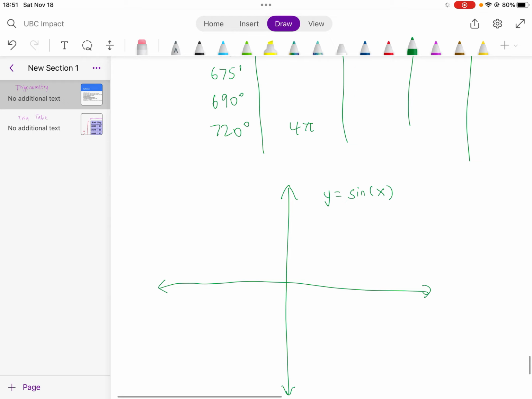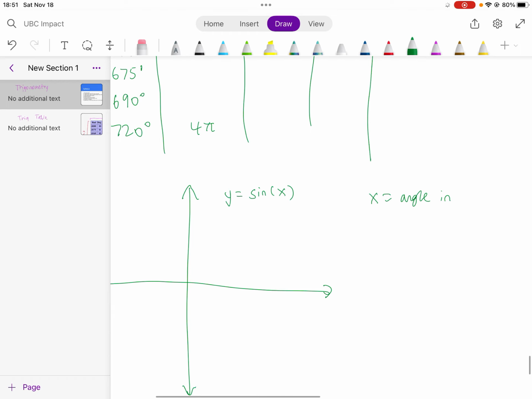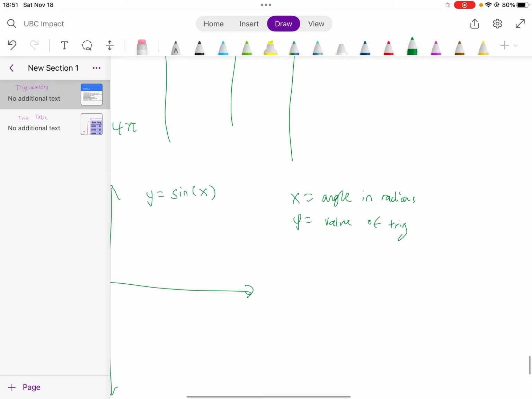So for any x and y, x here is the angle in radians, and y is the value of the trig function. So x here is the argument and y is the value. I use the terms function, argument, and value a lot because I think it's very important for you to remember these terms and what they mean.